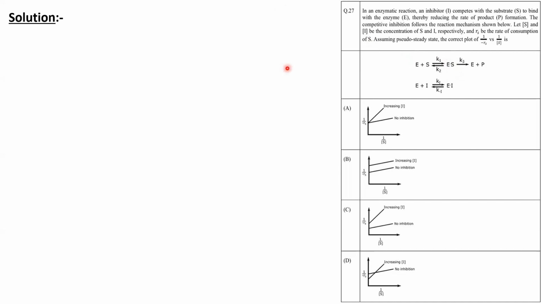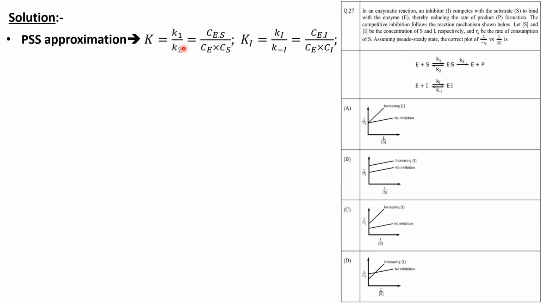For the first reaction, the equilibrium constant capital K will be a ratio of small k1 and k2, which is equal to concentration of E.S divided by the product of the concentrations of E and S. Similarly, for the second equilibrium reaction, the equilibrium constant capital K_i will be the ratio of small k_i and small k_minus i, which is equal to the ratio of concentration of E.I with the product of the concentrations of E and I.